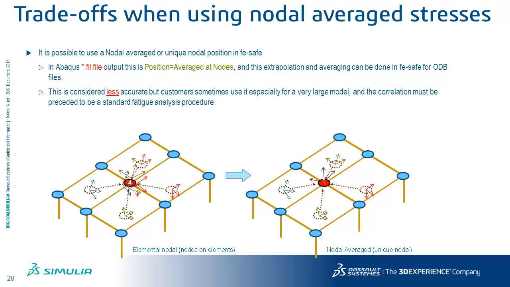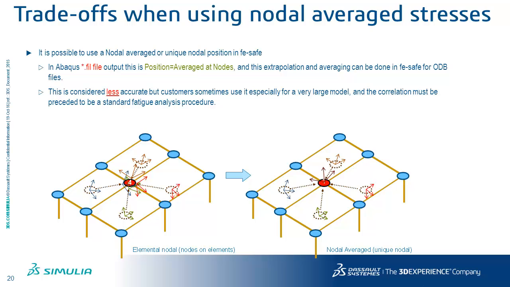So if you compare position equals to nodes in the ODB file and position equals to average at nodes in the field file, for this example on your left, in case of position equals to nodes, you have 4 tensors for that specific node, as I said before. And if you use position equals to average at nodes, then you have only 1 tensor.